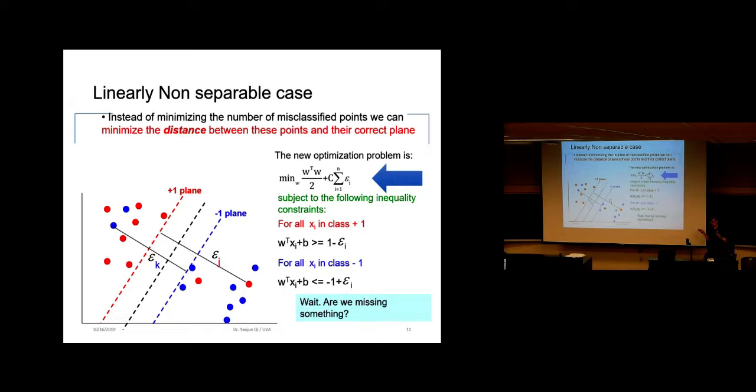If the point is of the positive class, I want to guarantee W transpose x_i plus b is supposed to be on the positive, that left side, right?